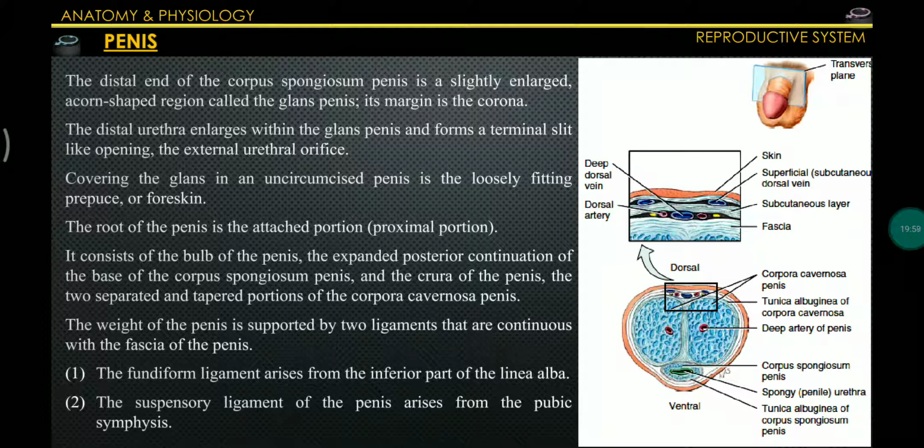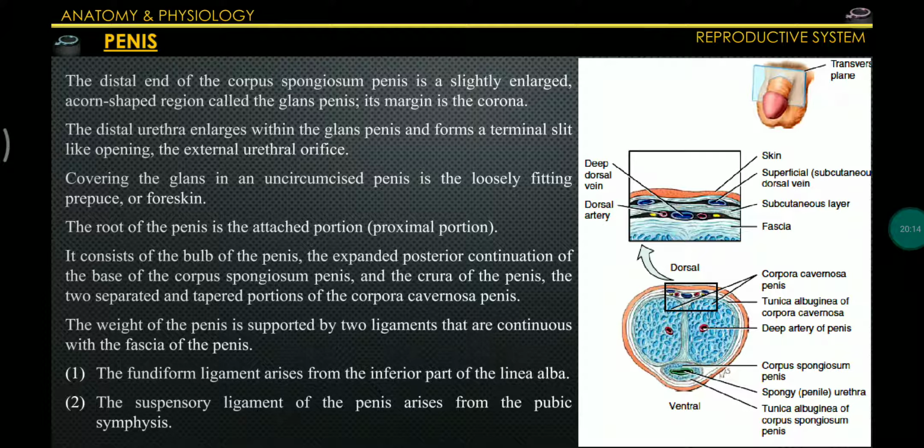The covering of the glans penis in the uncircumcised is a loose fitting foreskin called the prepuce. Usually it is removed in some religious practices, called circumcision.